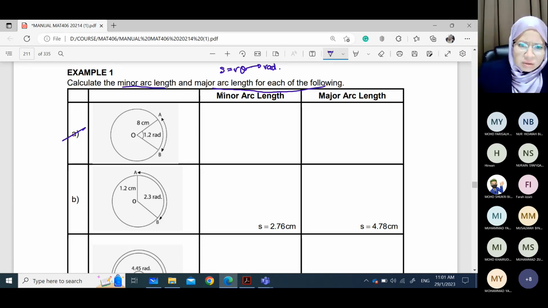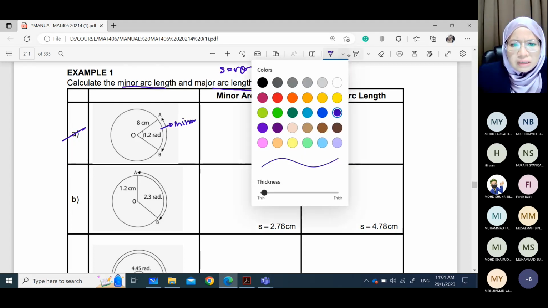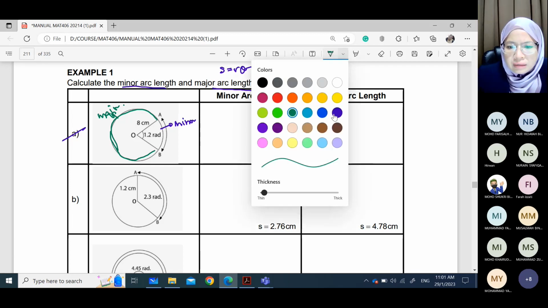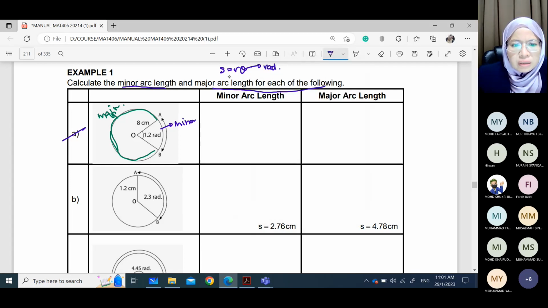Okay, right. So minor arc length. So ini adalah minor. Itu adalah minor. So yang kali hijau ni, yang selain daripada minor, yang ini adalah major. Okay, so this one in the green color is a major arc length. Okay. So bila dia minta untuk cari minor arc length, kita guna formula ni, S equal to R theta.